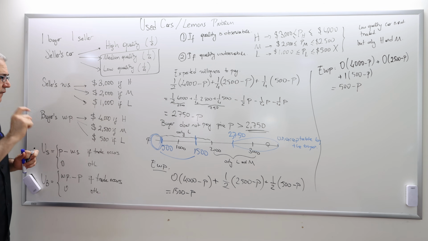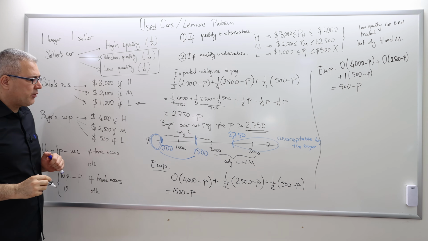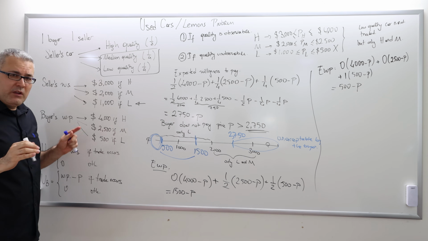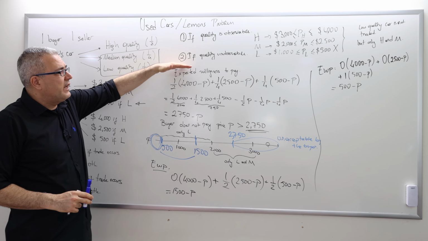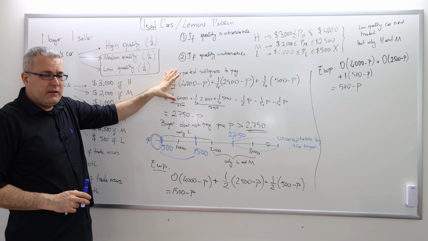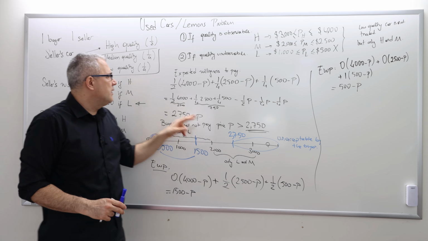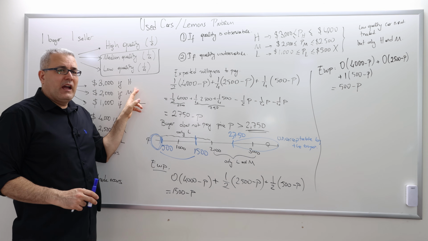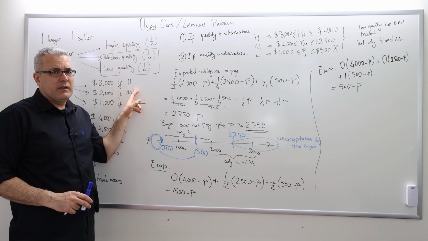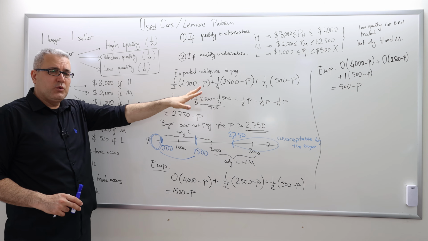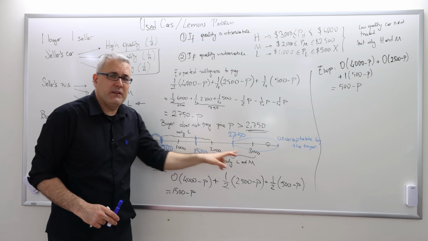Not yet. One final time, look at who would sell his car at a price of $500. Throughout this solution, all we did is we calculated the buyer's expected utility, found his maximum willingness to pay, and then we looked at the seller and tried to understand which type of seller will remain in the market. We excluded those who are not going to accept those prices and then recalculated the expected utility.